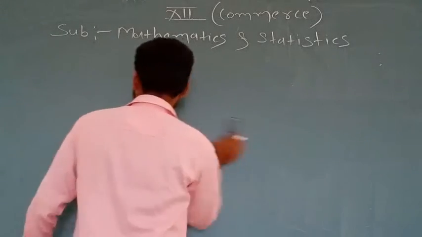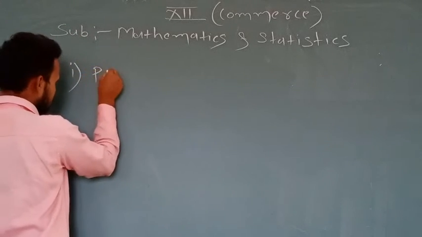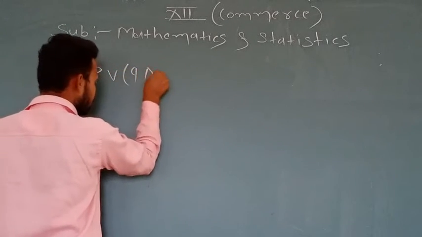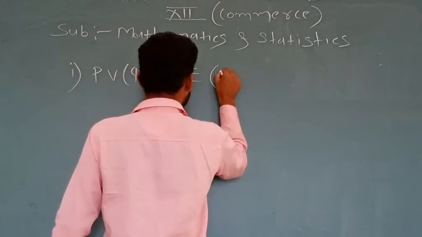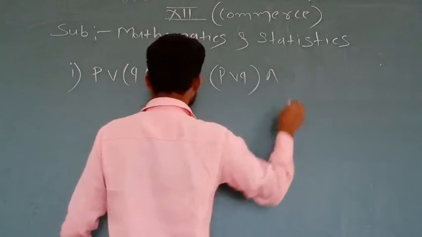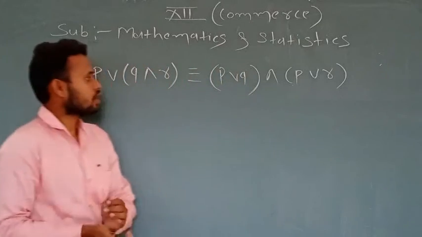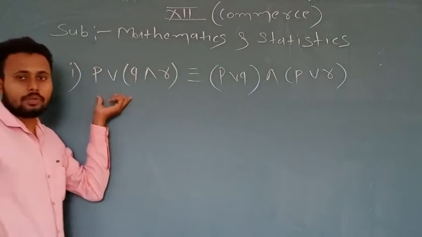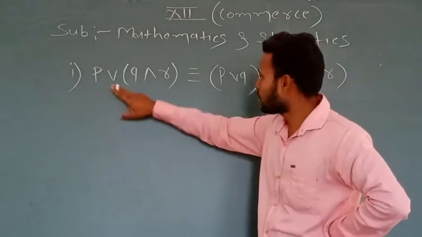Now we take an example so that it will be understood. Example: P join with Q meet with R, which is equivalent to P join with Q, meet with P join with R. The question is: using a truth table, verify the following.